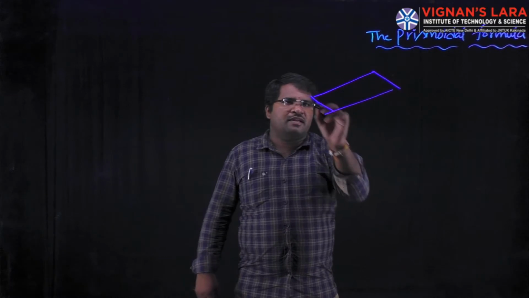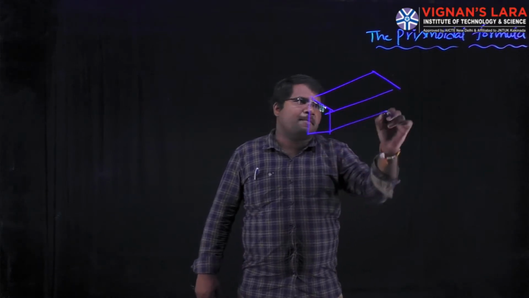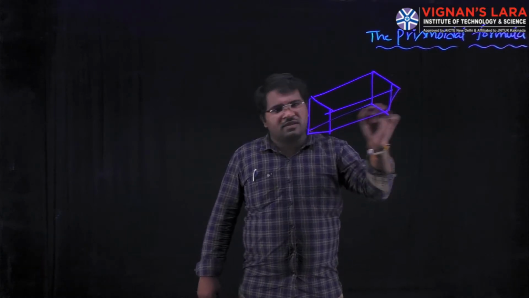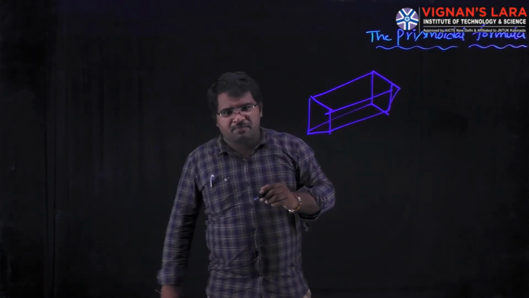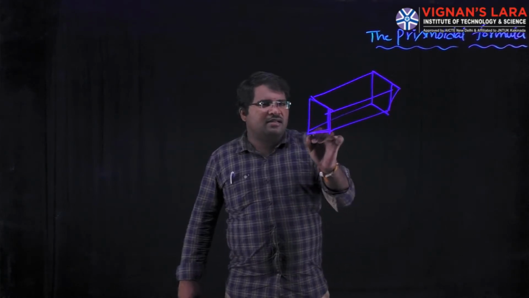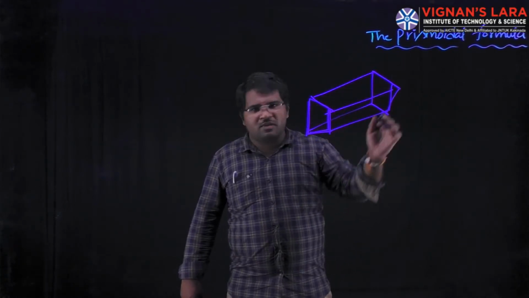Why do we need to use both the trapezoidal and prismoidal formulas here? If you take two sections like this, we will have a prism, and we are going to calculate the volume of this prism.